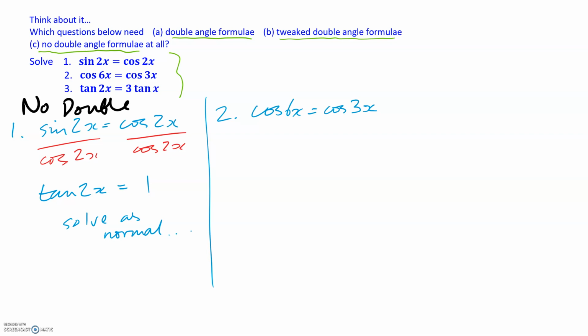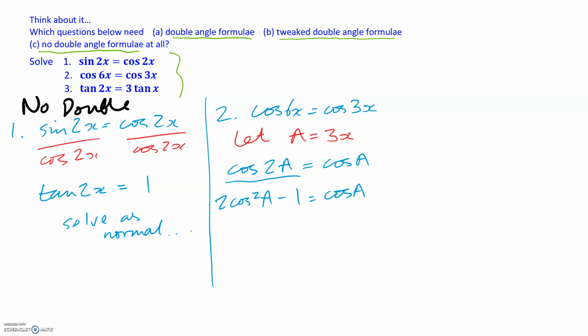If we were to let a equal 3x, then the formula we've got there will just become cos 2a equals cos a. Now, then we can just use the double angle formula for cos 2a. So that would be 2 cos squared a minus 1 equals cos a.